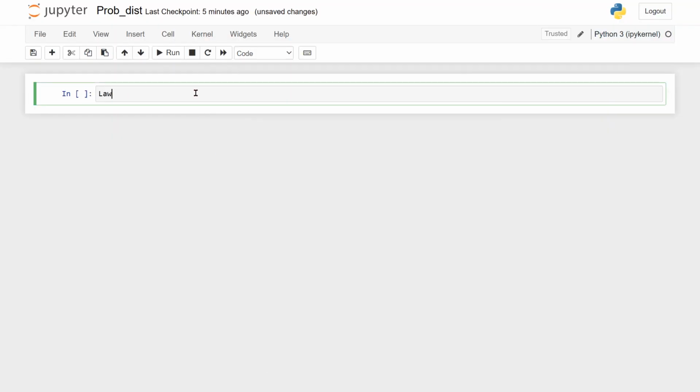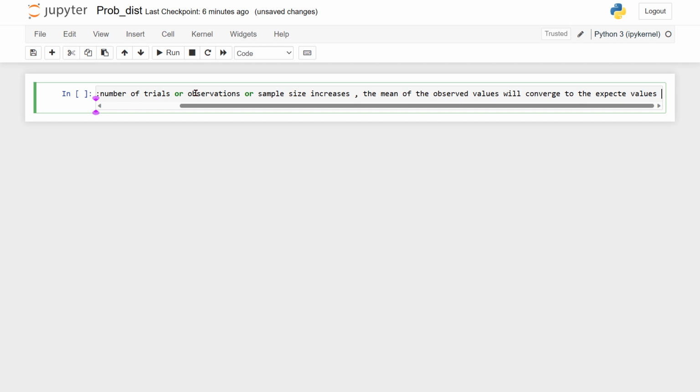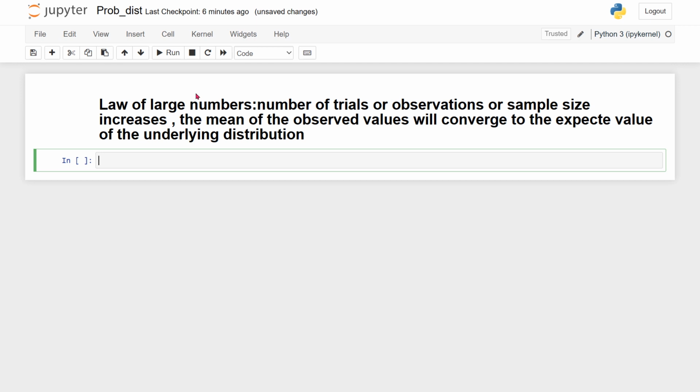The law of large numbers is nothing but: as the number of trials or observations or sample size increases, the mean of the observed values will converge to the expected value of the underlying distribution. Okay, this is what we call the law of large numbers.